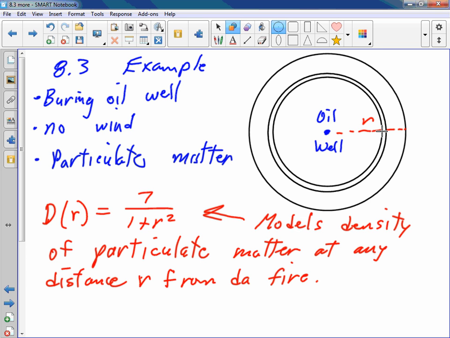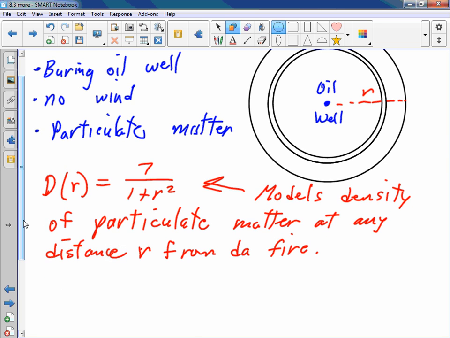And if you make it really thin, the density is constant within it. Would you agree? Because it virtually has no distance. So within that tiny little ring, the density is going to be constant. If you make it really thin, which we do here. Okay?